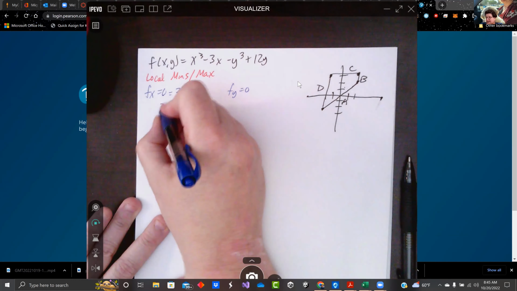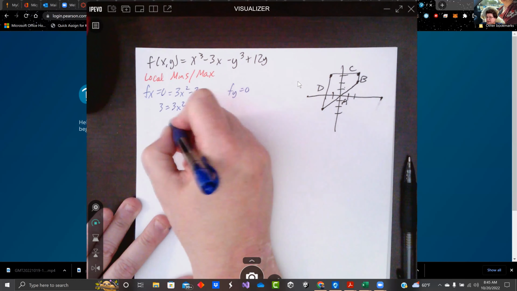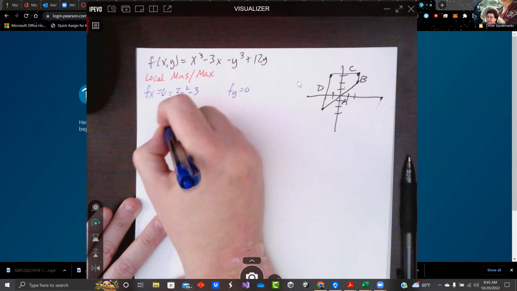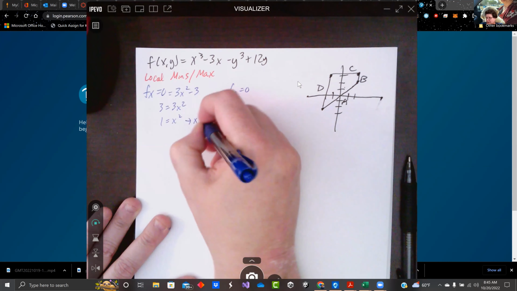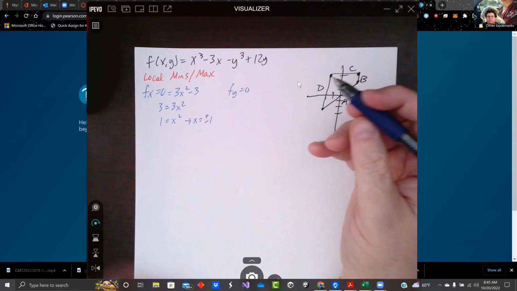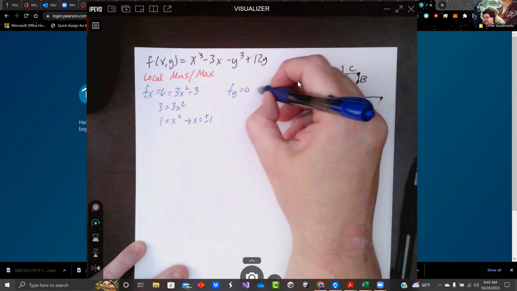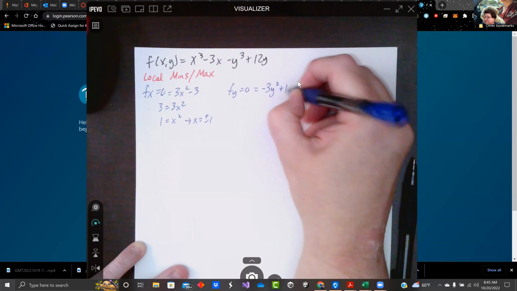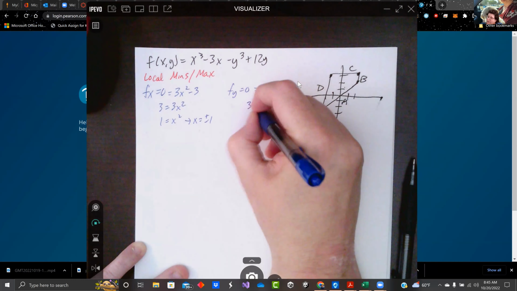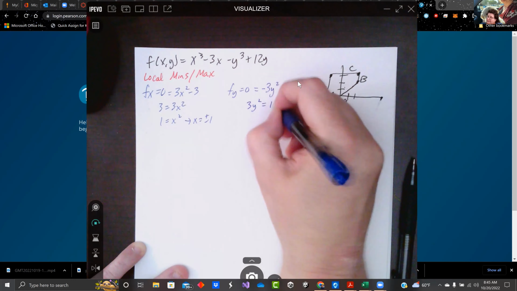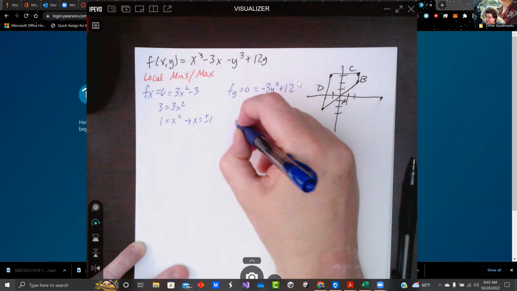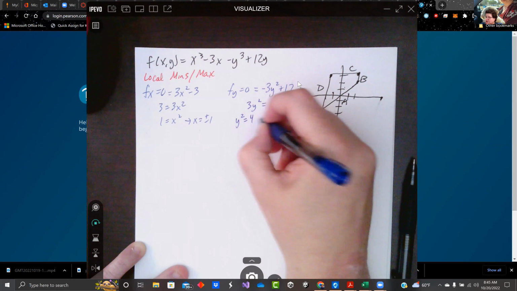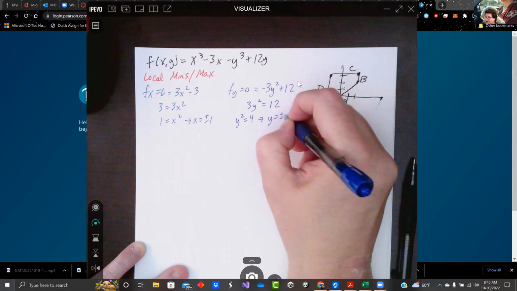This gets us 3 equals 3x squared. x squared equals 1. So x equals plus or minus 1. We do the same thing over here. The derivative here is -3y squared plus 12. If I move the 3y squared over to the other side, y squared equals 4. So y equals plus or minus 2.